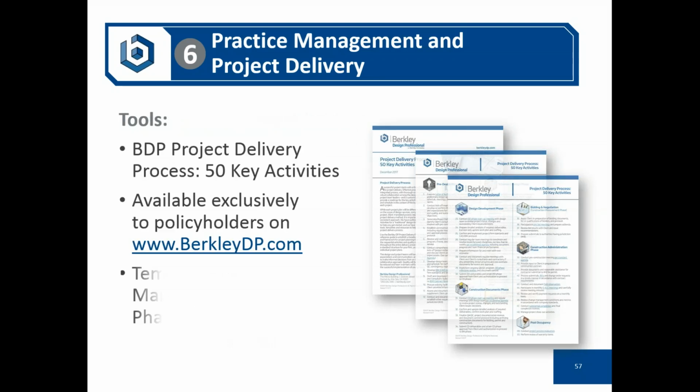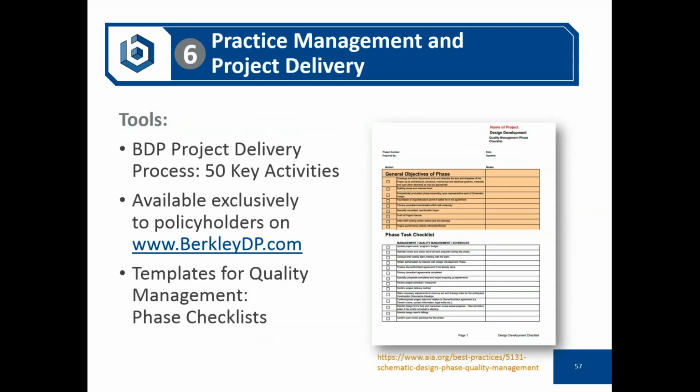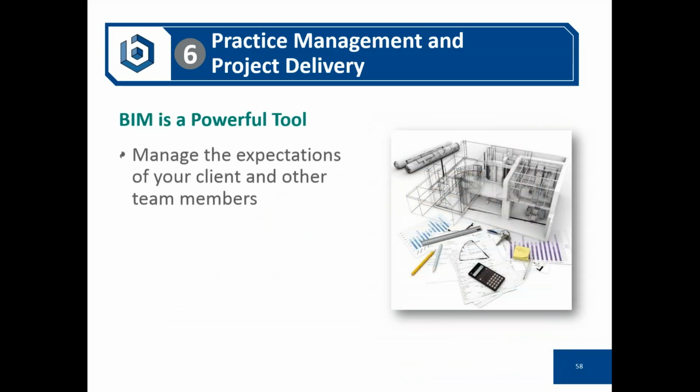We have a guideline tool on this as well. It's called 50 Key Activities, and it aligns some of our tools and templates with the activities in each phase. This is something that's exclusive to our policyholders. We've got some checklists that AI Trust has enabled us to refer to, and those are very, very helpful.